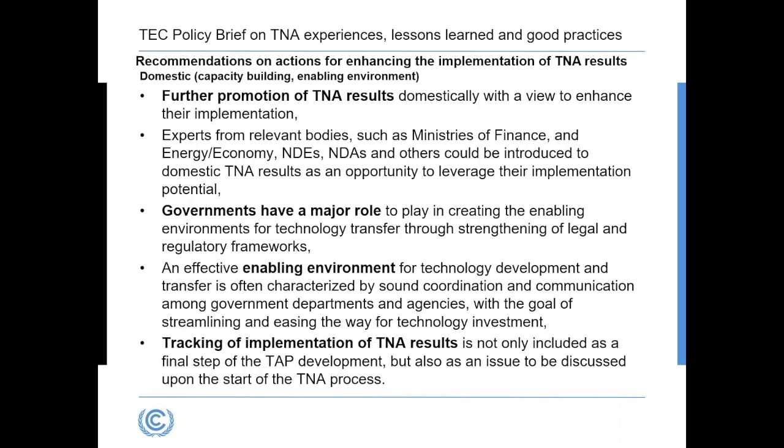So we split, let's say, some recommendations on the domestic side, where we thought that further promotion proved very well in the past for those who implemented, and also engagement of other experts, and promoting through NDEs this good work, sharing this with governments, whether they can look at this barrier of creating enabling environments, including laws and regulation, which I mentioned before.